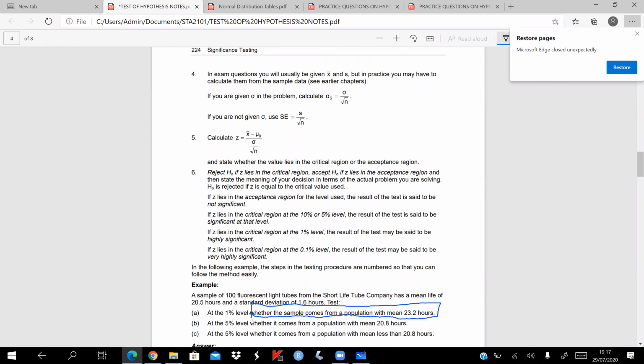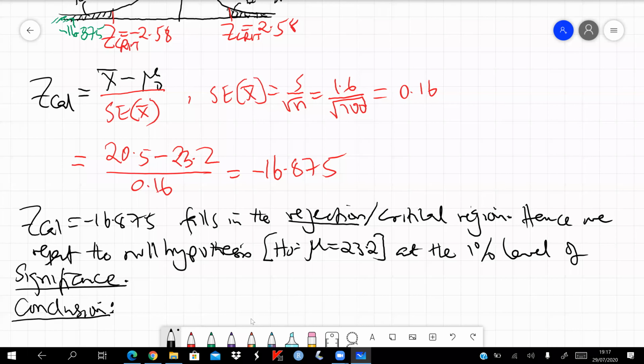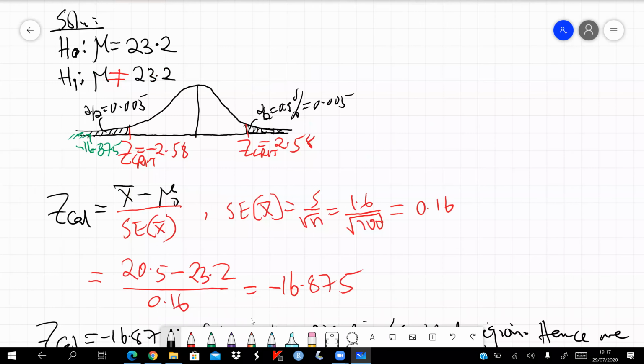From the hypothesis that we have tested, do you think the sample we are given comes from a population whose mean is equal to 23.2? Yes or no? No. Okay, because we have rejected this.